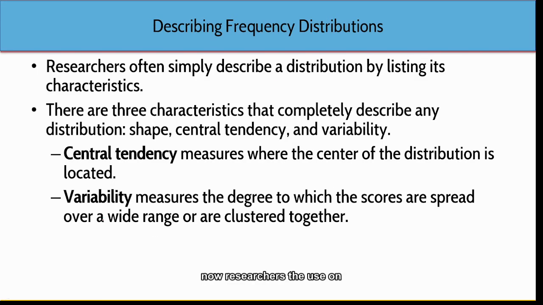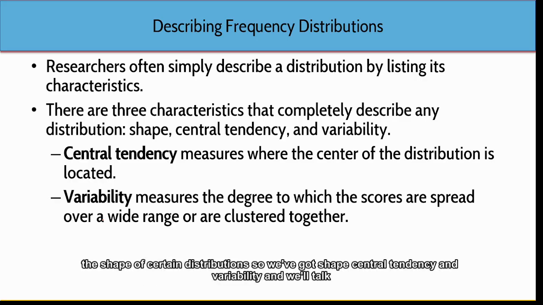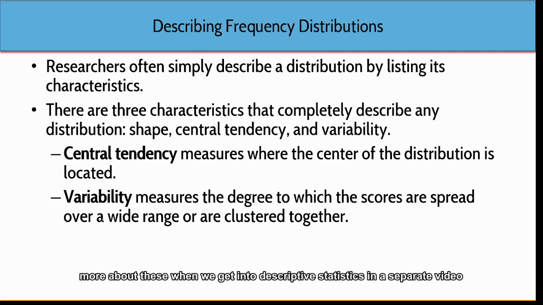Now, researchers use words to describe a distribution instead of just listing out the characteristics. But there are characteristics that do describe the shape of certain distributions. So we've got shape, central tendency, and variability. We'll talk more about these when we get into descriptive statistics in a separate video.